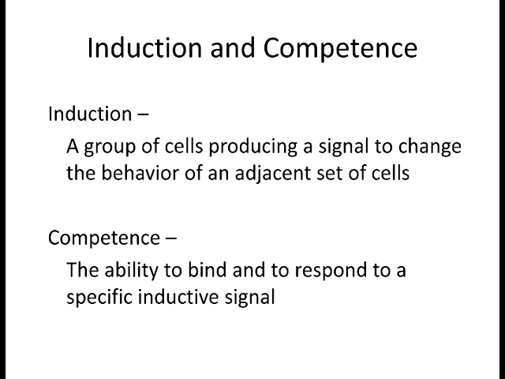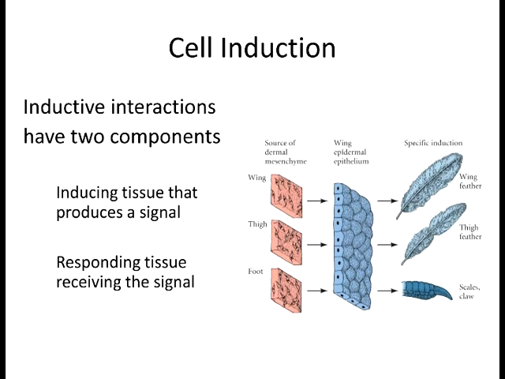For example, here we have some samples or examples that you'll see in your book. Here we have just basic ectoderm, or the epidermal tissue that will become the ectoderm components of, in this case, probably a bird. Over here, we have different types of inducing tissues. This tissue comes from the mesoderm where the wing forms.